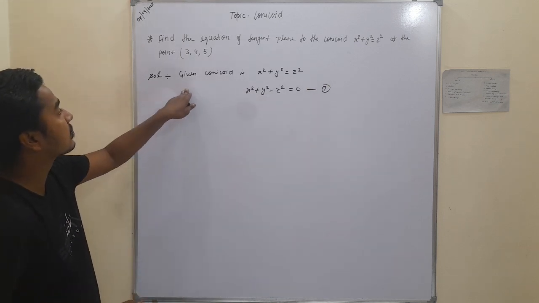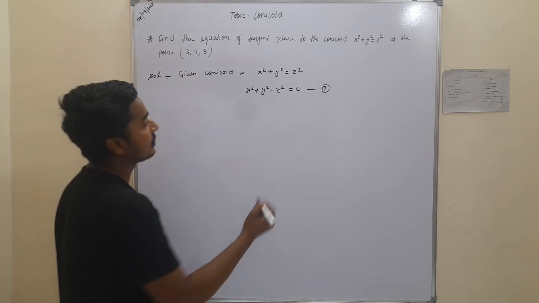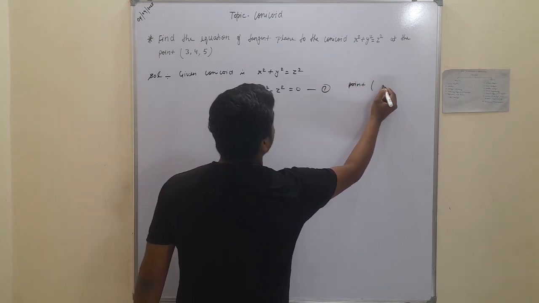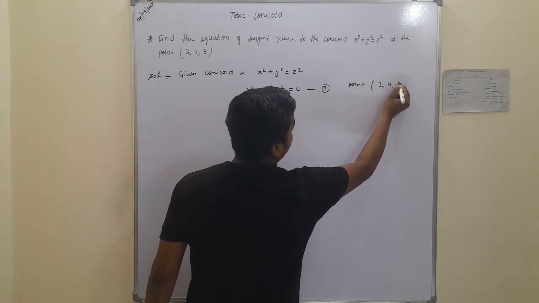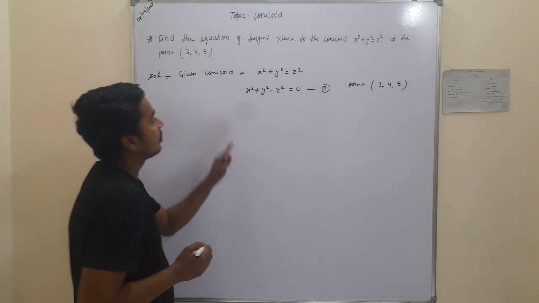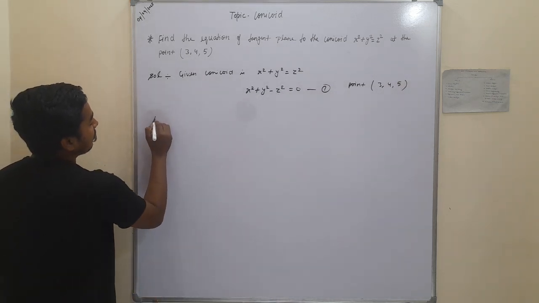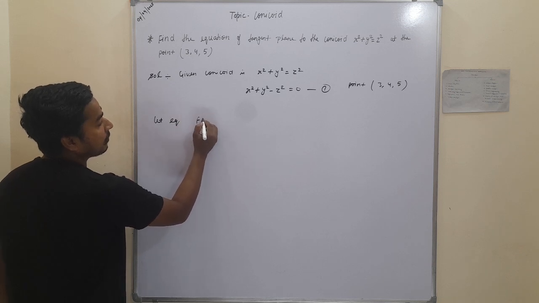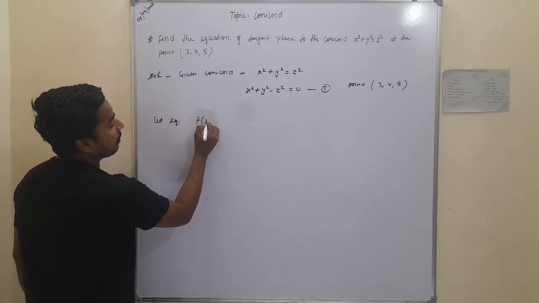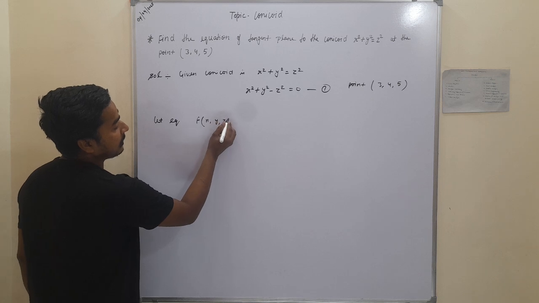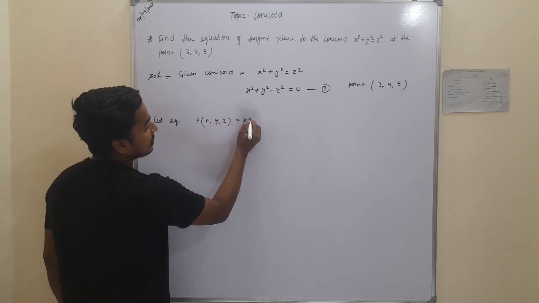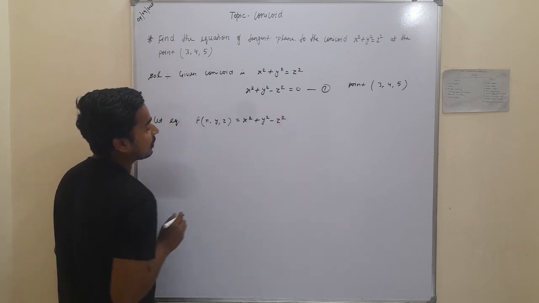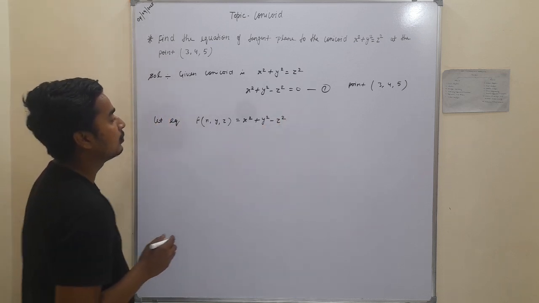The point given on the conicoid is (3, 4, 5). Let f of x, y, z be equal to x square plus y square minus z square, and this is equal to 0.